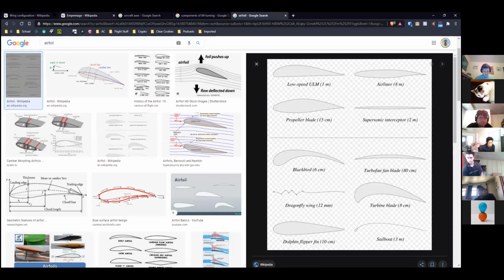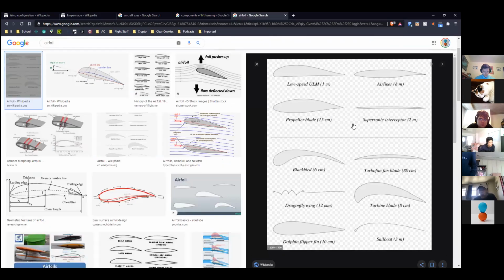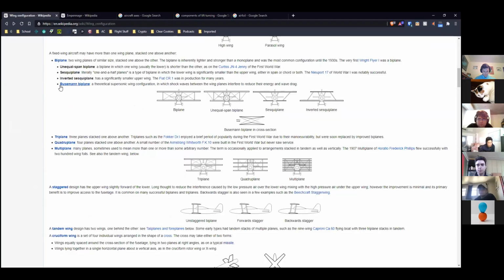So you can define this part of the shape completely separately from this part of the shape. And this is more performance calculating stuff, because once you know what performance you want, then you can try to find an airfoil that will achieve that performance. So we'll talk about that at a later date.